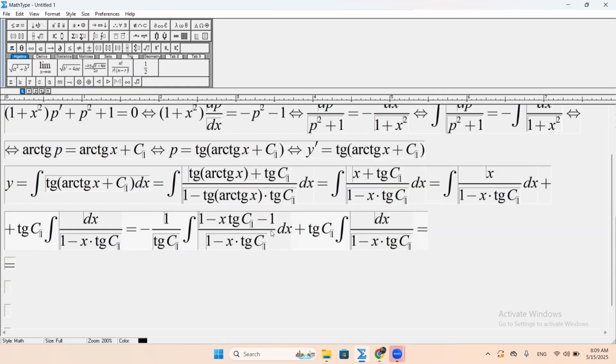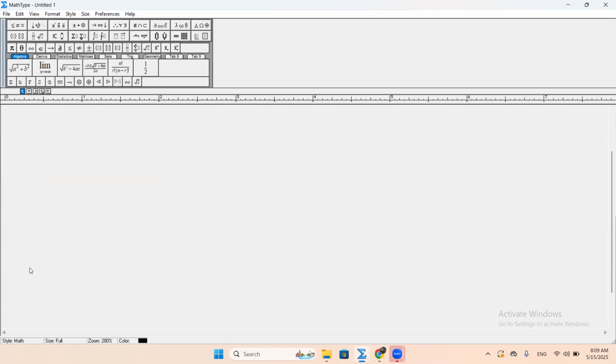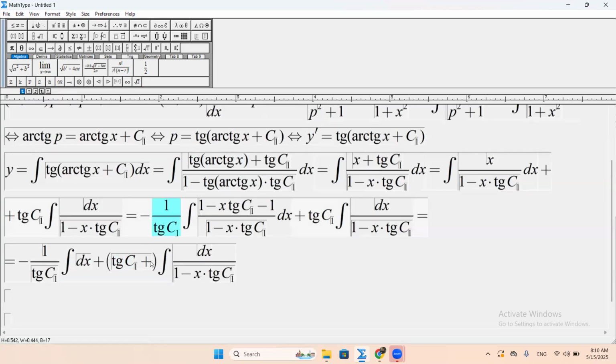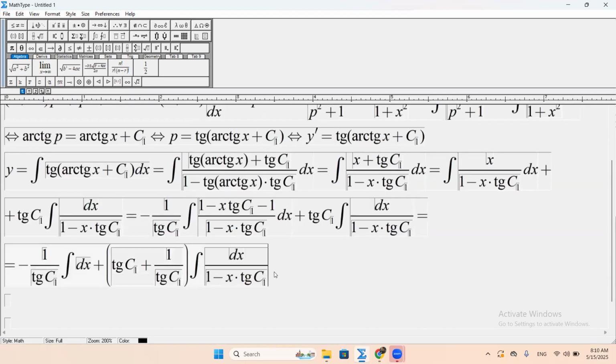So this integral will be transformed to the following form: first of all dx, and plus 1 over tangent, so we will receive the following integral, tangent of C1 plus 1 over tangent of C1. Now we will integrate everything.